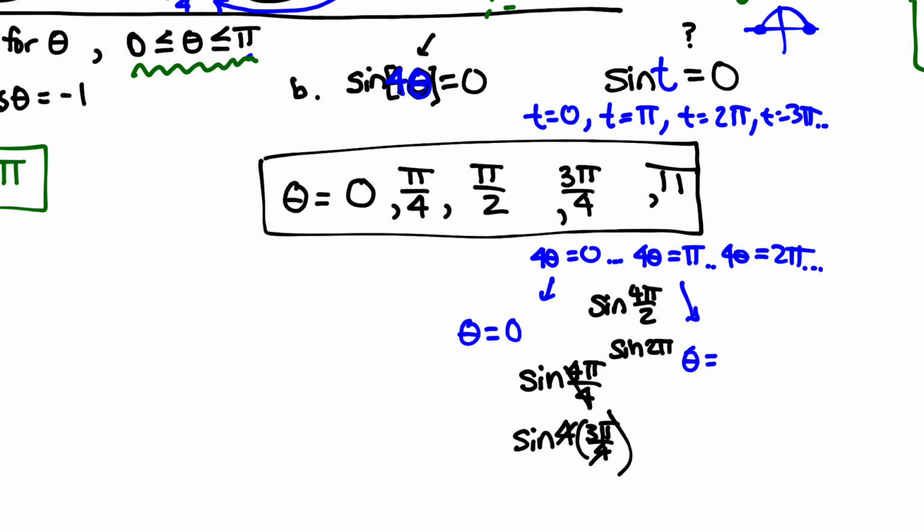Theta is pi divided by 4. Theta is 2 pi divided by 4, which is pi over 2. Do you see what I'm saying? That could be how you get your angles that we did with guess and check if you wanted to. You would simply say whatever angle is in here will replace the t values for what I know is true in this equation. And so once you do that replacement, it becomes very easy to know what those angles are.